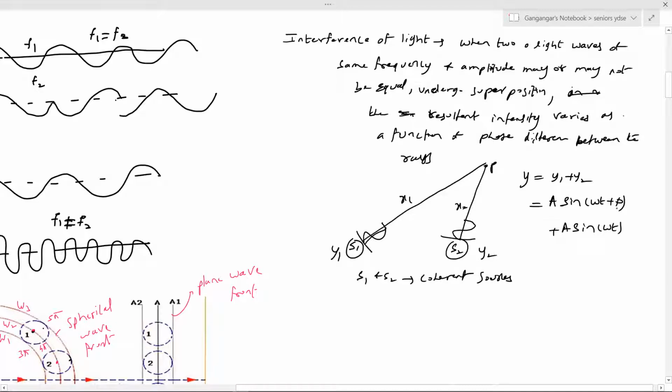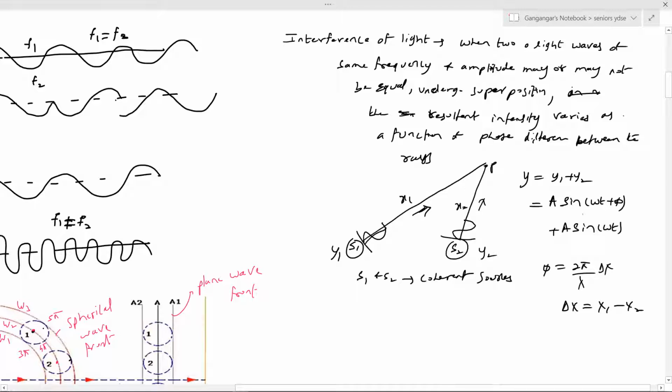Why is this additional phase brought in? It is due to the path difference between the two waves. Ray 1 covers a path of x1, and ray 2 covers a path of x2. So there is a path difference between them, and due to that they'll have a phase difference.